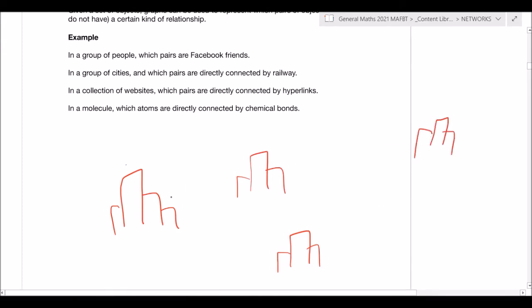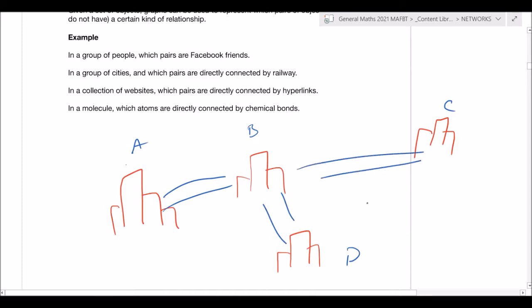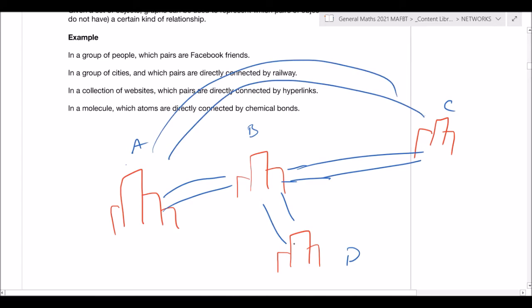Maybe there's a railway that connects from this city, let's call these cities A, B, C, and D, to city B. City B has a railway that goes to all of them, or city B is able to connect to all of them. Meanwhile, maybe city C has a connection with city A as well. And the only way to get to city D is that everyone has to go to B first.